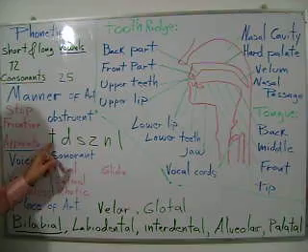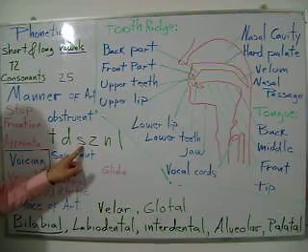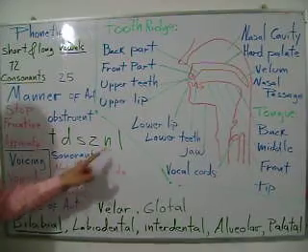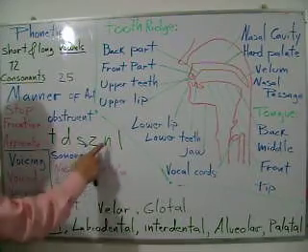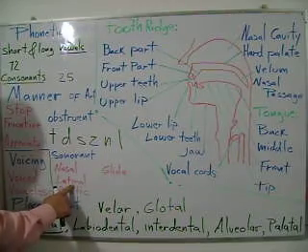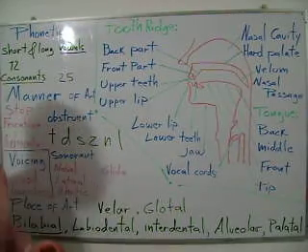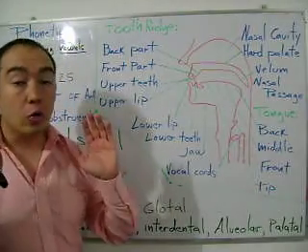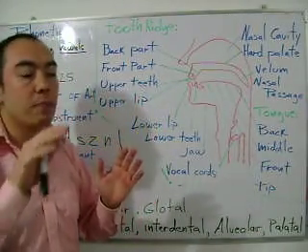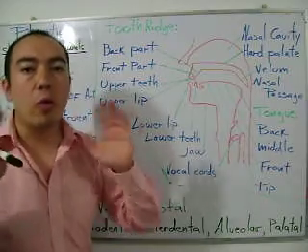Oh, sorry, these two are stops. This one is fricative, this one is fricative too, and then you have one nasal here, N, and the only one that is lateral in the English language, which is this one. Lateral means that the air goes around the tongue. When the tongue goes up to the palate, the air goes around the tongue.